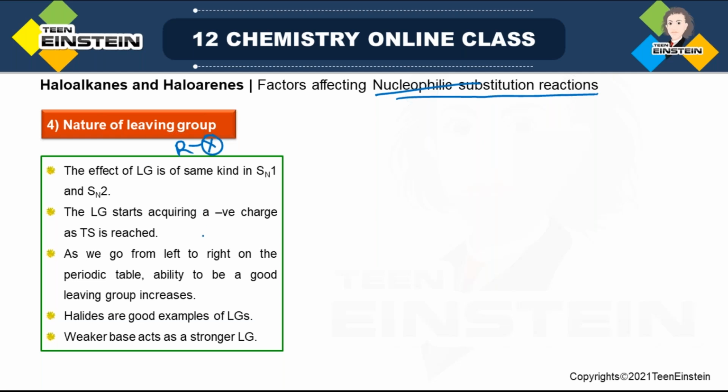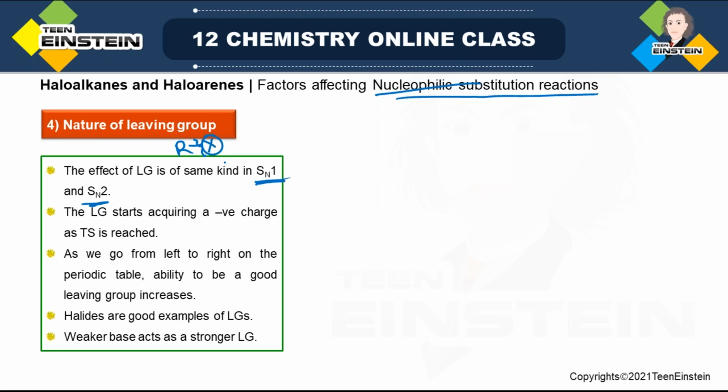Here, for both SN1 and SN2, the effect of leaving group is the same. So you don't have to understand it separately for SN1 and then for SN2. Actually it is the same. So in SN1, the slow step involves cleavage of this bond. So if a leaving group is very good, the bond can be cleaved very easily.